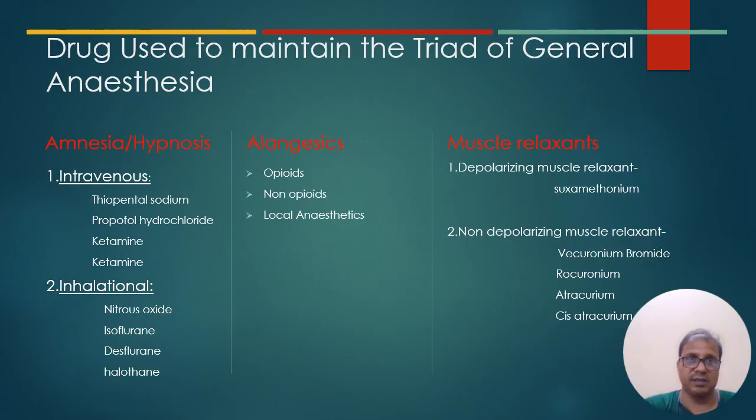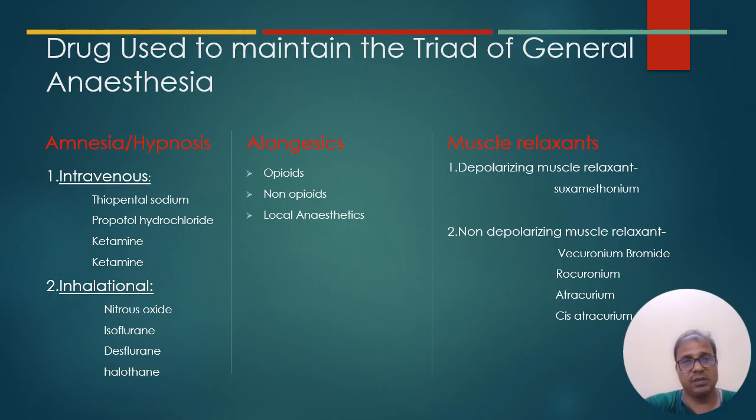What are the drugs used for general anesthesia? To assist the triad of general anesthesia, amnesia or hypnosis may be done by intravenous drugs or inhalational drugs.